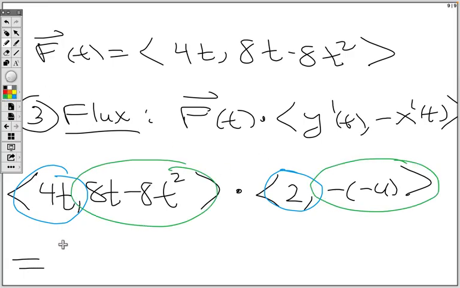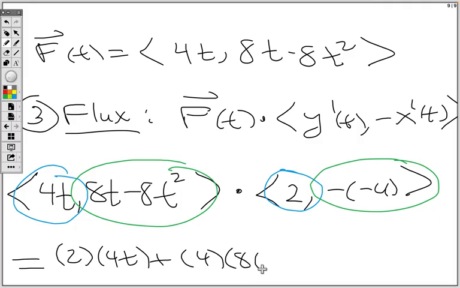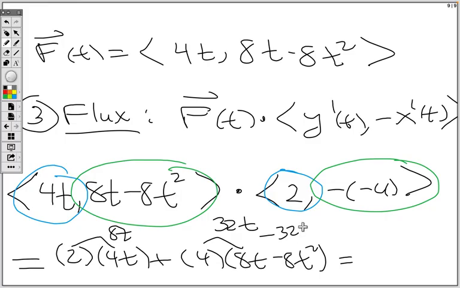So I've got the 2 times 4t plus positive 4 times (8t minus 8t squared). I get an 8t out of that. I get a 32t minus 32t squared. So when it's all said and done, I get minus 32t squared. And then how many t's do I get? Plus 40t.